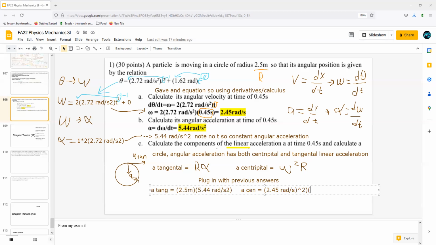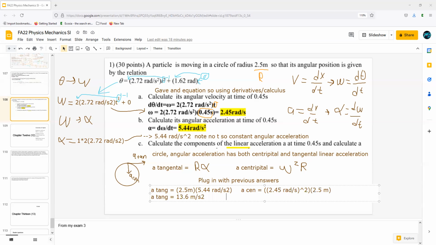Then if you plug that in, equals, I think that should be 13.6 meters per second squared.